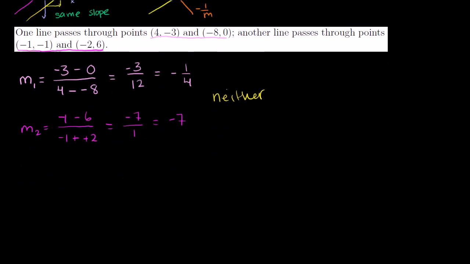Let's do a couple more of these. So I have here, once again, one line passing through these points, and then another line passing through these points. So let's just look at their slopes. So this one in green, what's the slope? The slope of the green one, I'll call that the first line. We could say, let's see, change in y.